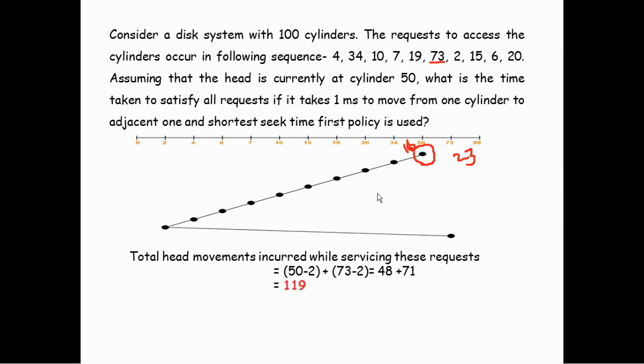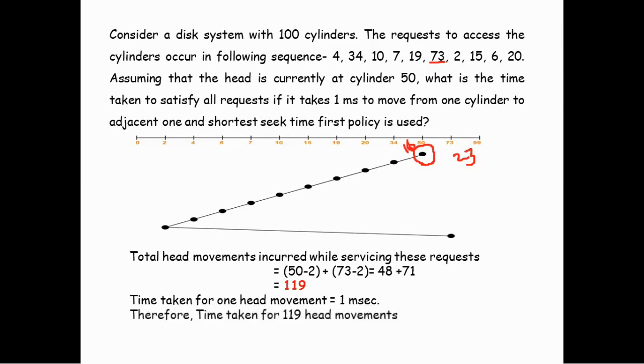In the given problem, the time taken to satisfy all requests must be calculated. The time taken to move from one cylinder to the adjacent one is 1 millisecond. Therefore, the total time taken is 119 into 1, which is equal to 119 milliseconds.